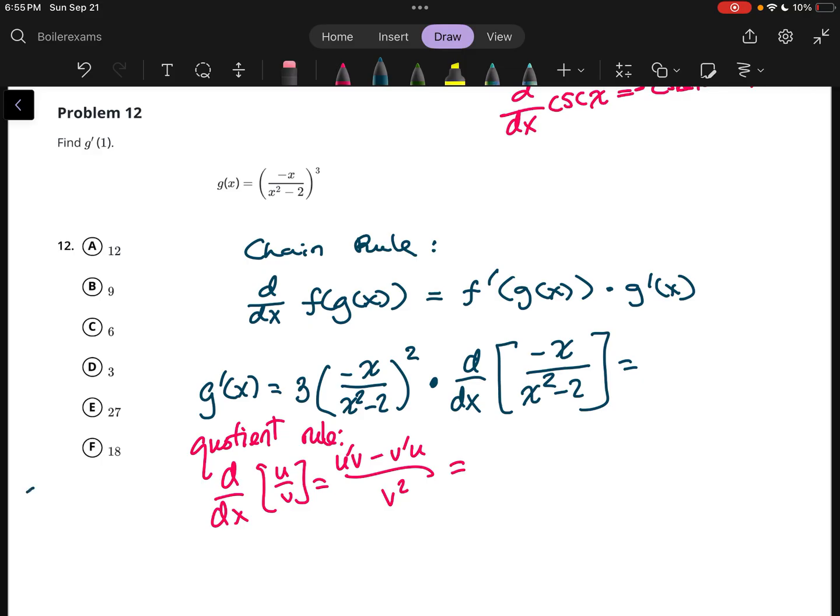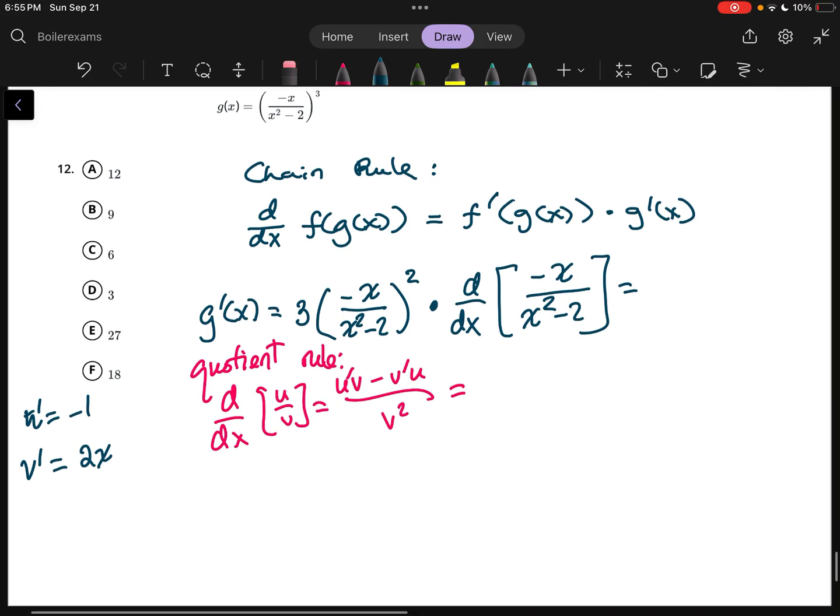Maybe on the side, if I solve for u prime, the derivative of negative x is simply negative 1 by the power rule, and the derivative of v, v prime, is 2x. It's 2 times x to the power of 1. So now I can just plug those values in. I'm going to take this down here.